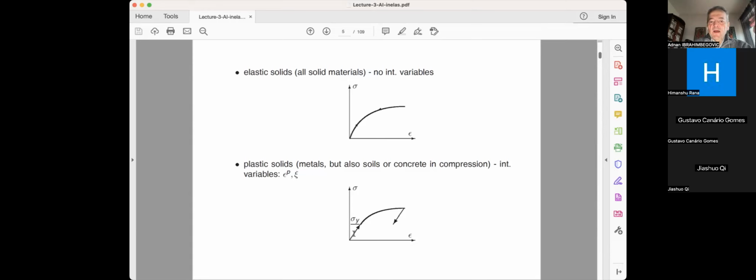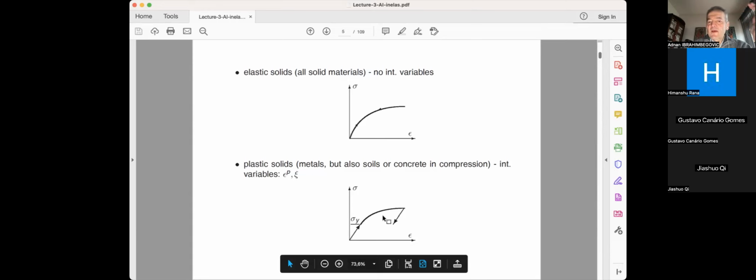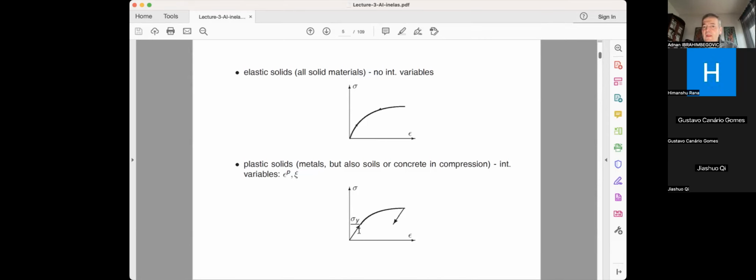Beyond that you have a different response because hardening kicks in, so it's no longer linear. You might have something else like saturation hardening or kinematic hardening and whatnot. Even if it's linear, it's not the same slope as before, because now it takes over something like a hardening modulus as opposed to Young's modulus. And if you don't know the value, typically you take the hardening modulus to be 10% of your Young's modulus.